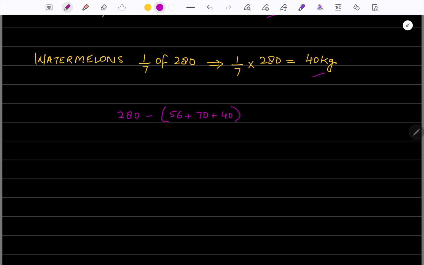So we are subtracting the weight of all the three fruits to find the weight of the remaining fruits. That will be equal to 280 minus 166, which is equal to 114 kgs. So 114 kgs is the weight for the rest of the fruits.